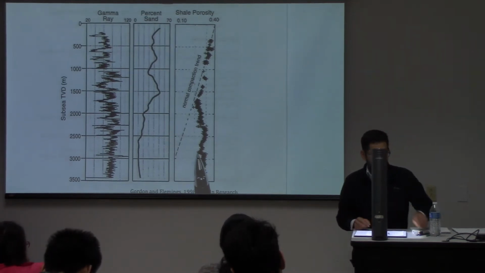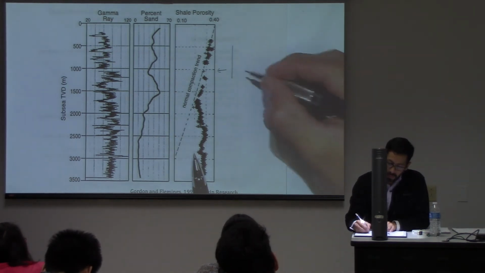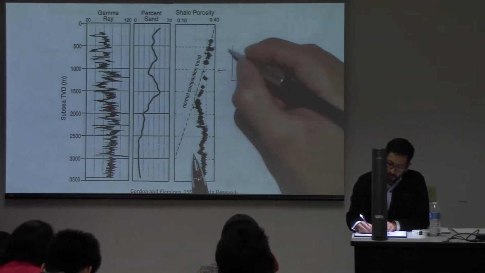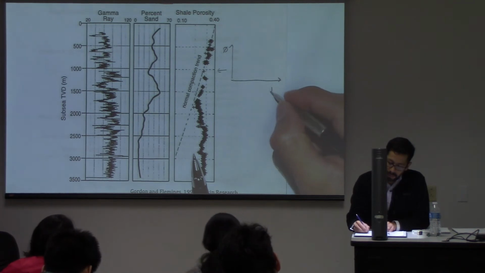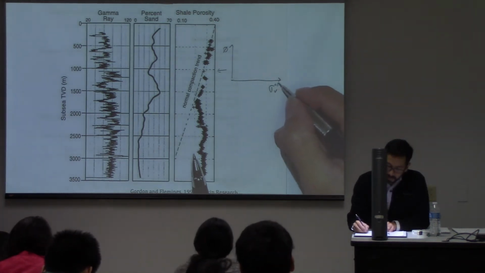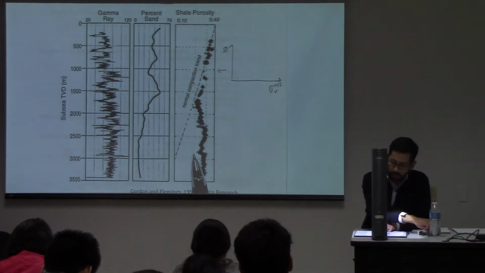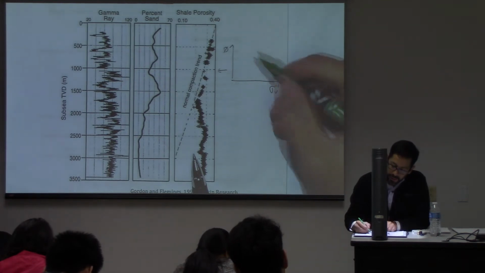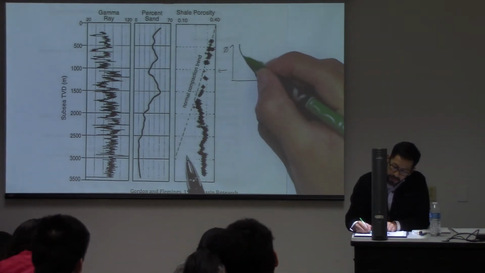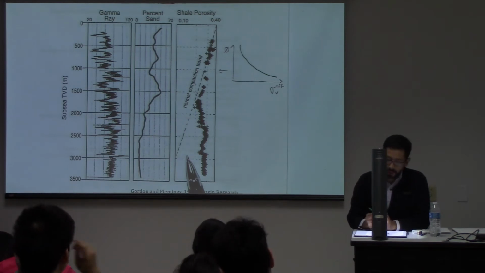So here, if this is porosity and this one is effective vertical stress, you would expect the porosity to decrease with effective vertical stress. That's what is called a normal compaction trend.